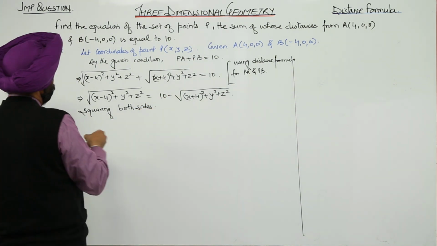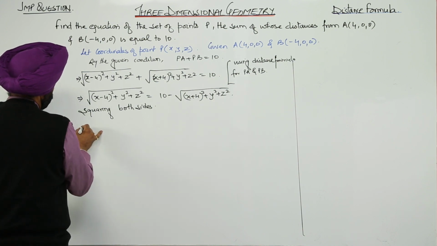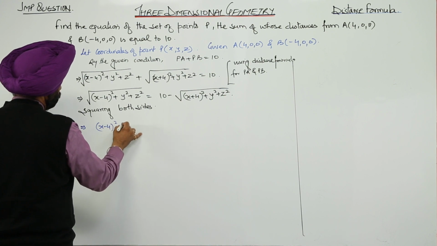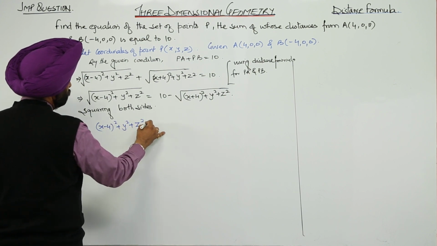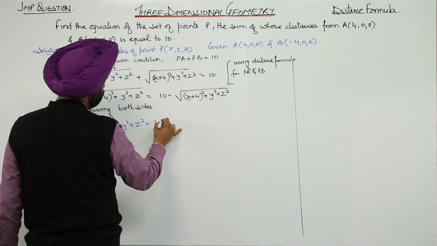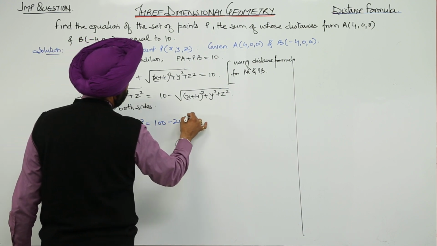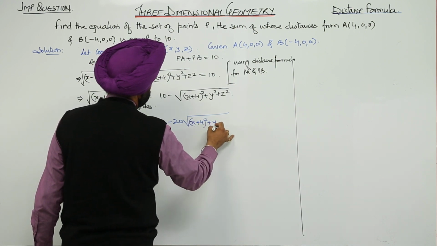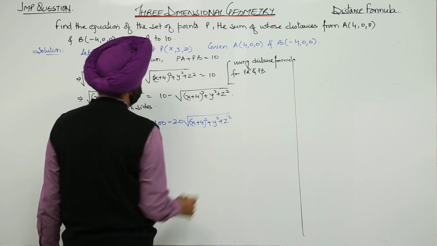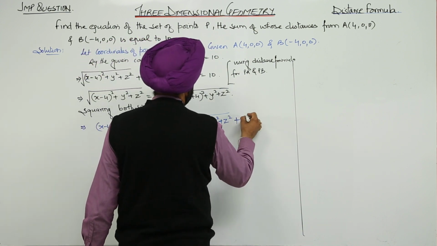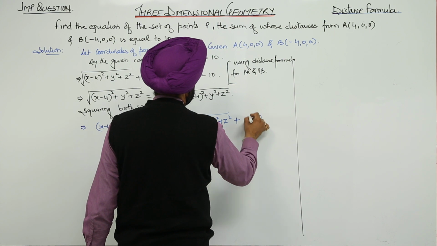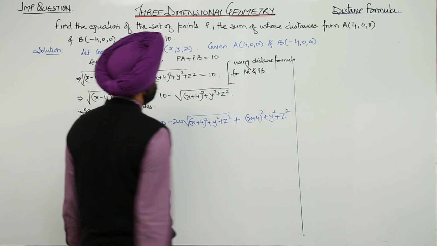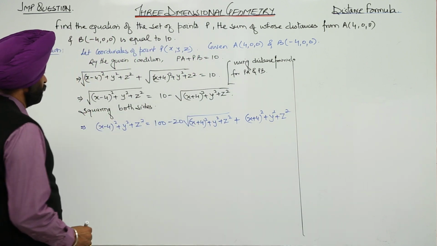So (x minus 4) whole square plus y square plus z square is equal to 100 negative 20 times the square root of (x plus 4) whole square plus y square plus z square, plus (x plus 4) whole square plus y square plus z square. Okay.